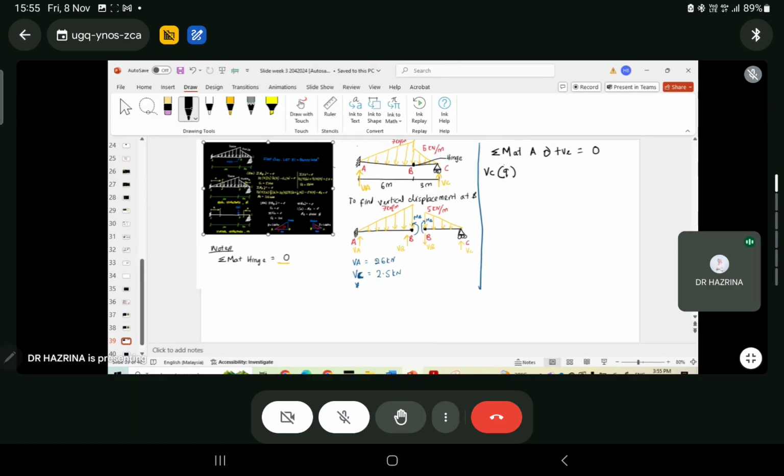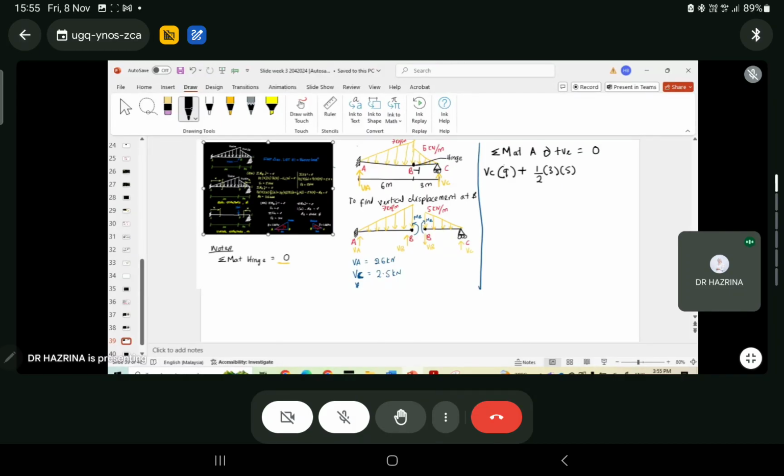And then you have the 5 kilonewton per meter load. So for the 5 kilonewton per meter load, you will add plus, you will have 1/2 times 3 times 5, and then you will multiply by what?